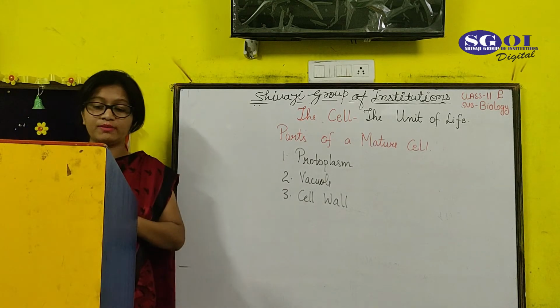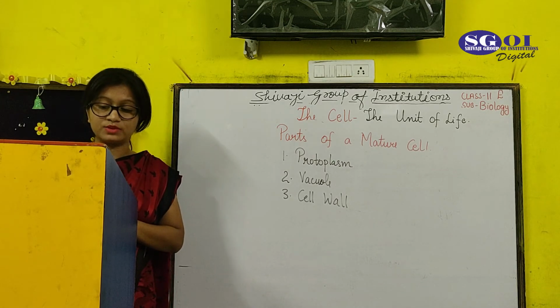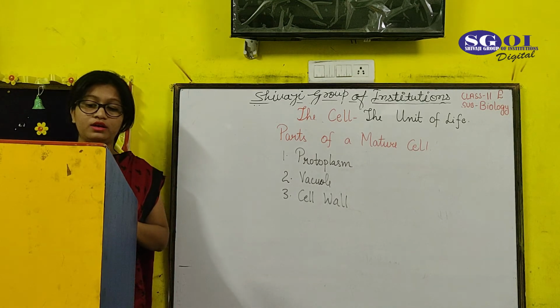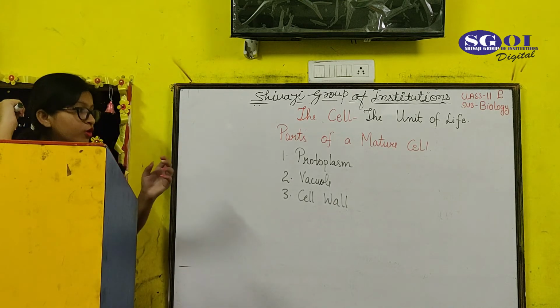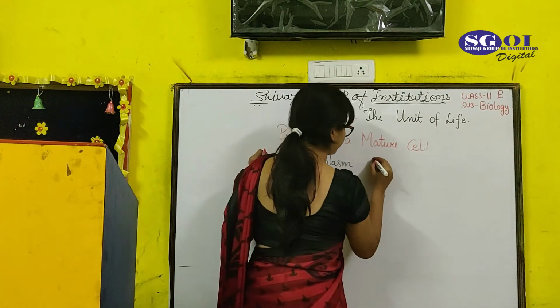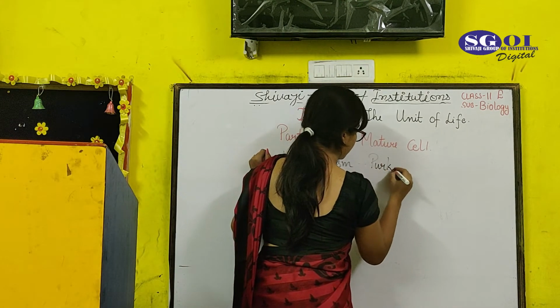Protoplasm is the first living matter, and it was found by Purkinje. The word protoplasm was coined by Purkinje.